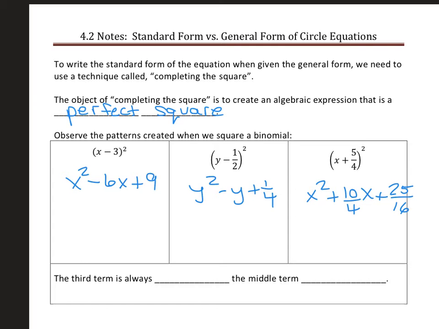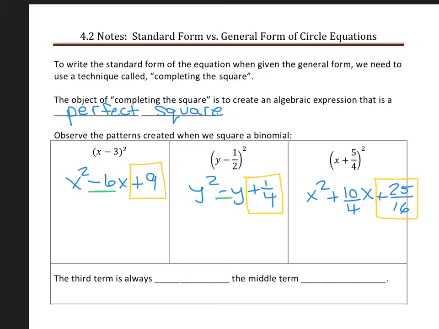So I did these 3 examples out so that you can see the pattern. We are going to want to create perfect squares where ones do not exist. So I want to see this pure constant here in the trinomial, and how does that constant relate to this number here?